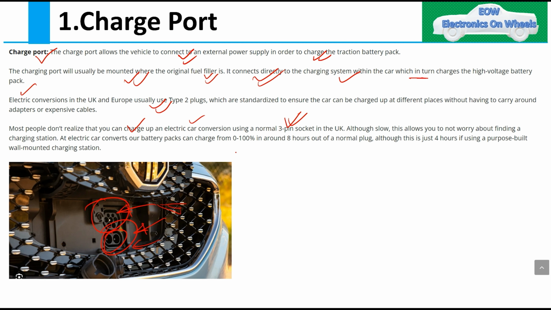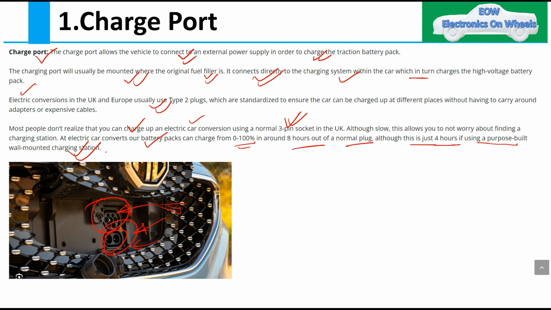Whether you have a 2-pin or 3-pin socket, it is all convertible, and you can manage that. That is not a problem. An electric car battery pack can charge from 0 to 100% in around 8 hours on a normal plug-in, although it is just 4 hours if you are using a purpose-built wall-mounted charging station.